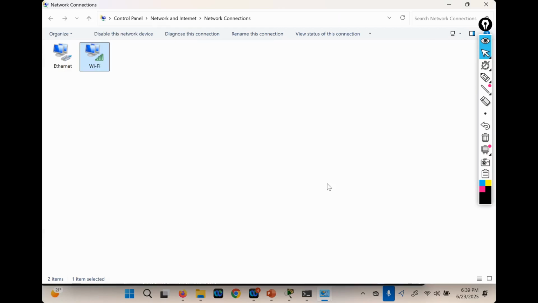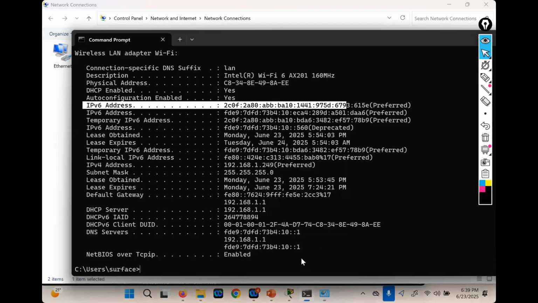This is how this works behind the scene. The only reason why my computer has an IPv6 address is because it's been configured to look for an IPv6 address. And incidentally, there is a server that is also dishing out this IPv6 address. That's why I have the IPv6 address.